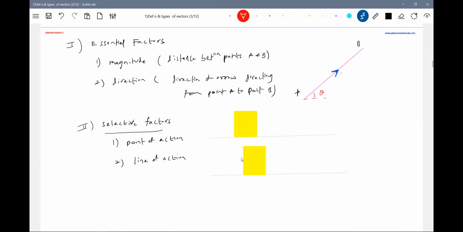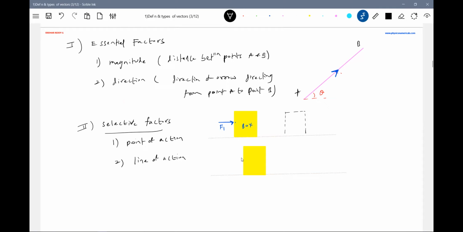Now I'll apply a force at a certain point, say F1. I applied it at a certain point here. There's a box. Then the box has a tendency to get shifted. So after some time, it will come here. The box will start moving.